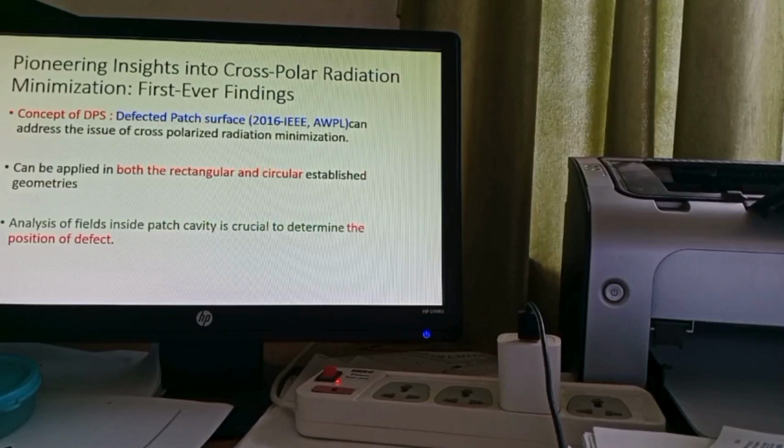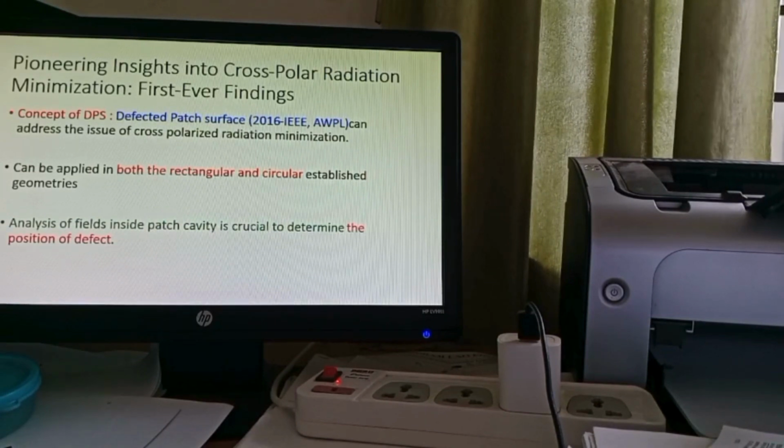So, for polarization purity, it is a very important technique to develop. Different techniques have already been developed; before this, the defected ground structure was evolved. Although it was not our claim, this was done for a circular patch, but our claim can be, which I will tell in a later section, the employment of that technique in rectangular geometry.